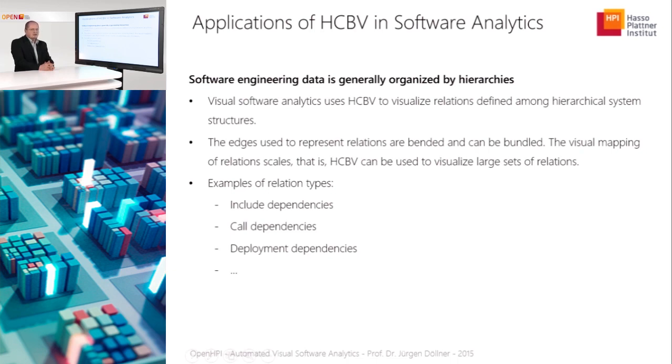That is, even if we have a large number of relations, they can be close to each other and bundled according to their hierarchy position. So the bundle view is able to visualize even large sets of relations. Examples of typical relation types visualized by bundle views include dependencies between modules, call dependencies, or deployment dependencies, and many other types of relational data in software engineering.